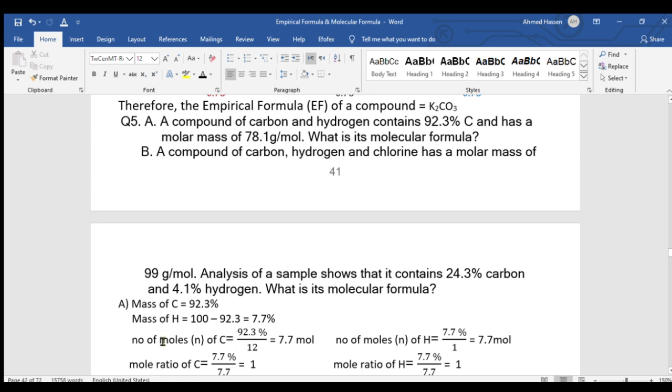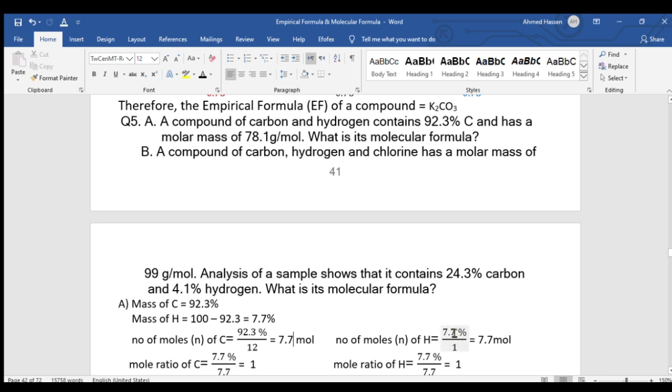Therefore, first step, the number of moles of each atom must be calculated. Number of moles of carbon is equal to given mass over 12, that is the atomic mass of carbon, which is equal to 7.7 mole. And the number of moles of hydrogen is equal to 7.7 divided by 1.